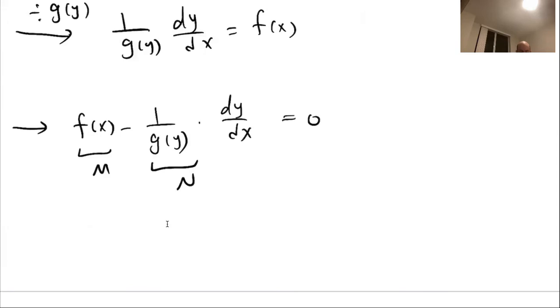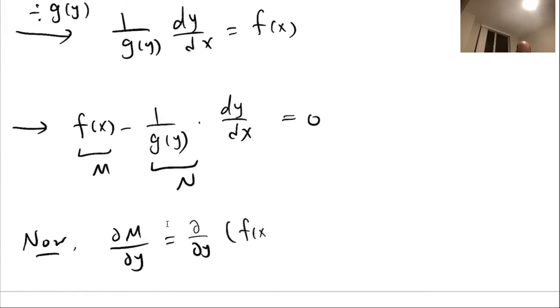In order to verify that the equation is exact, we need to check that the partial derivative of M with respect to y is the same as the partial derivative of N with respect to x. Now dM over dy will be d over dy of f of x.